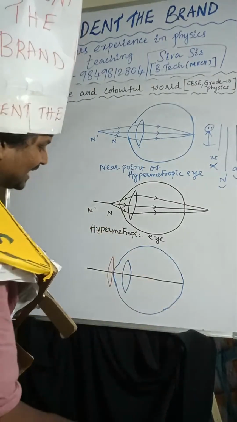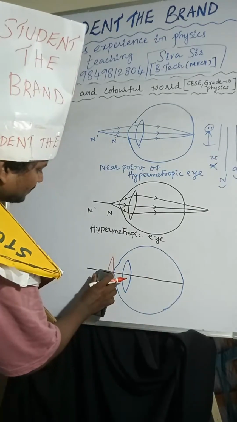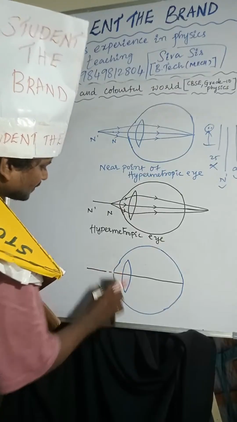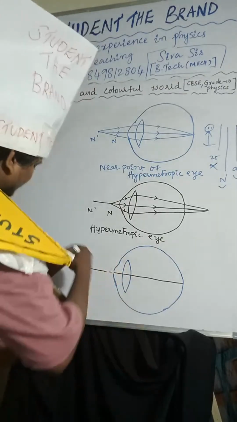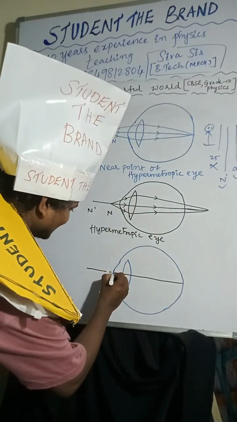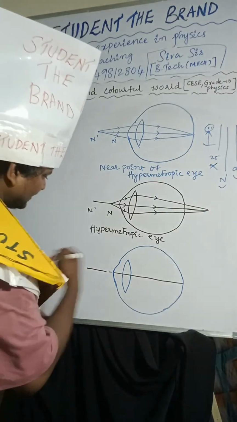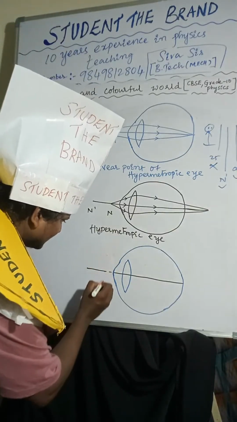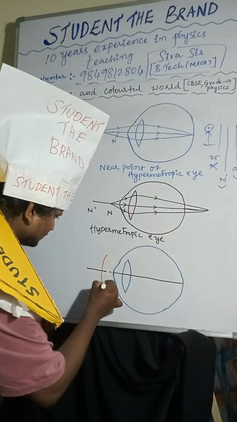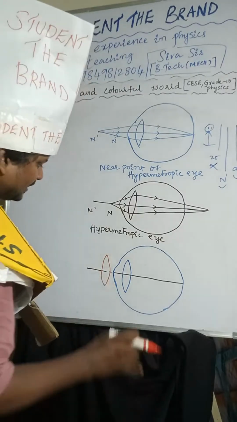Actually, we can place it a little away from the cornea. It's fine. Accuracy is not that important, so you should not follow that much, but you can place it a little more away from the cornea. Keep it a little thin.